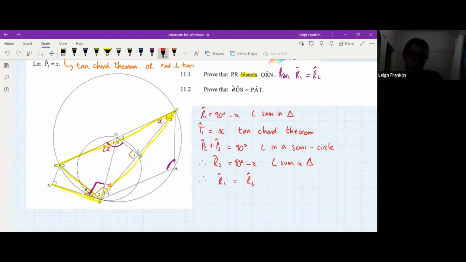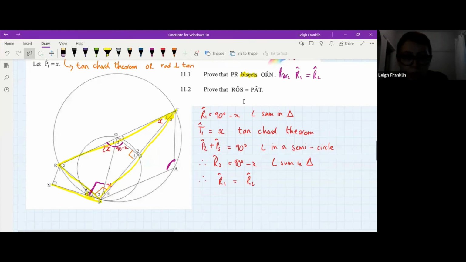Now, is there a way of working out how big O2 is, since it forms part of our answer? Well, yes, this is where knowing that P3 was equal to X is important, because then we can work in triangle OPS and establish that angle O2 is also going to be 90 minus X.